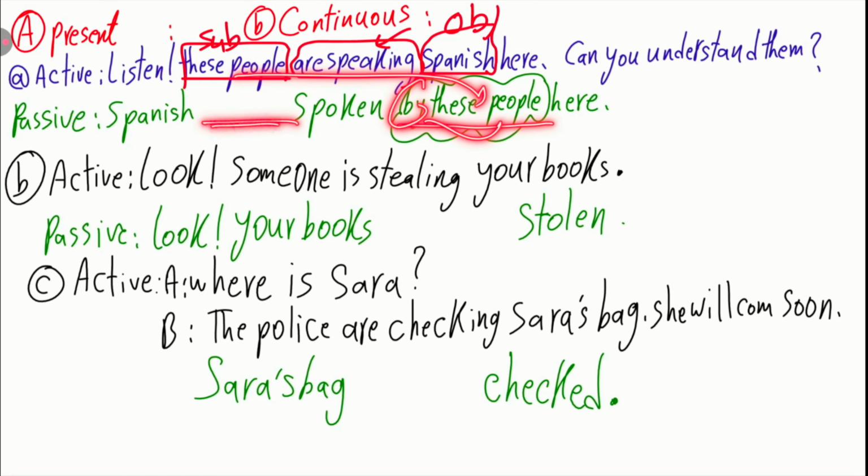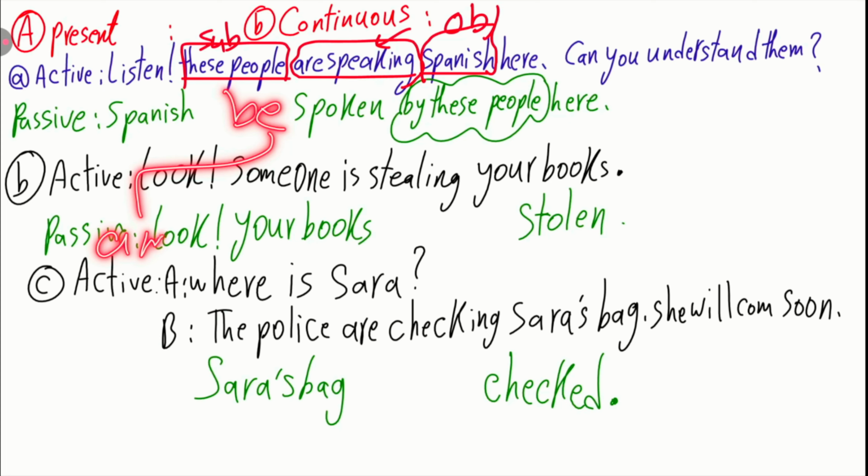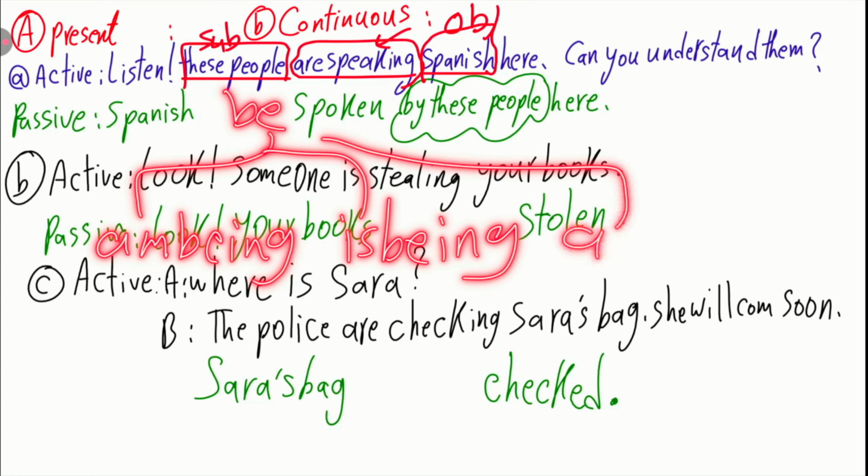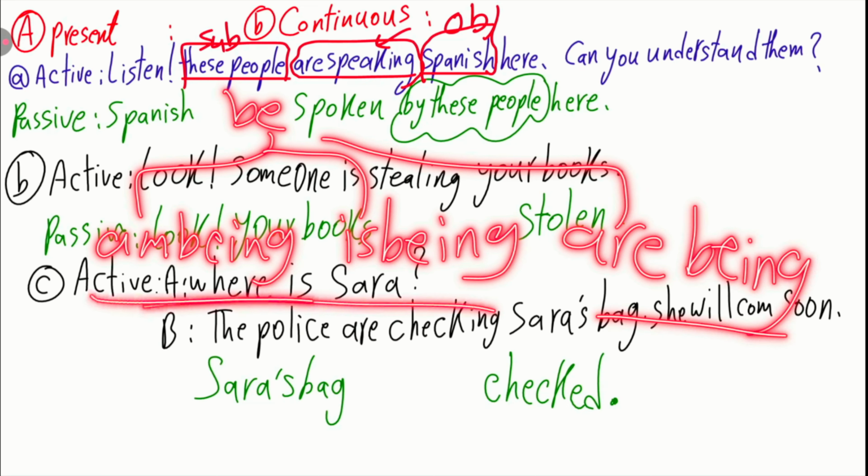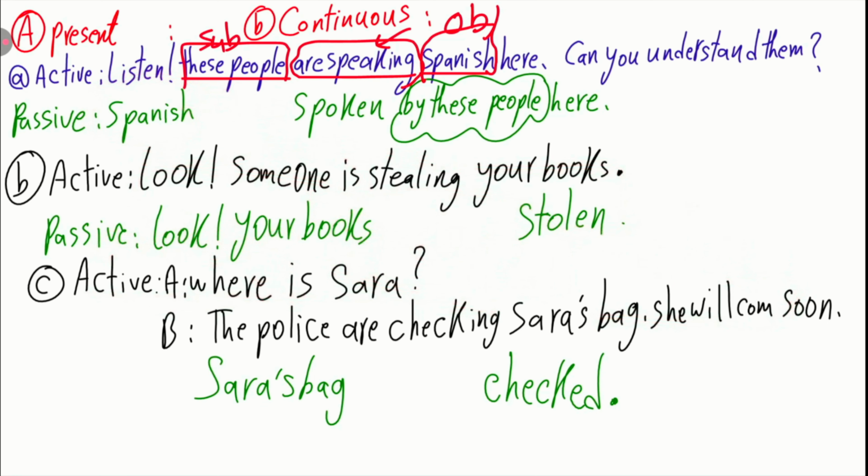And for verb to be, as we all know, verb to be has here am being, is being, and are being. 3 options. Which option can be chosen by Spanish? Of course, it is. Spanish is being spoken by these people here.